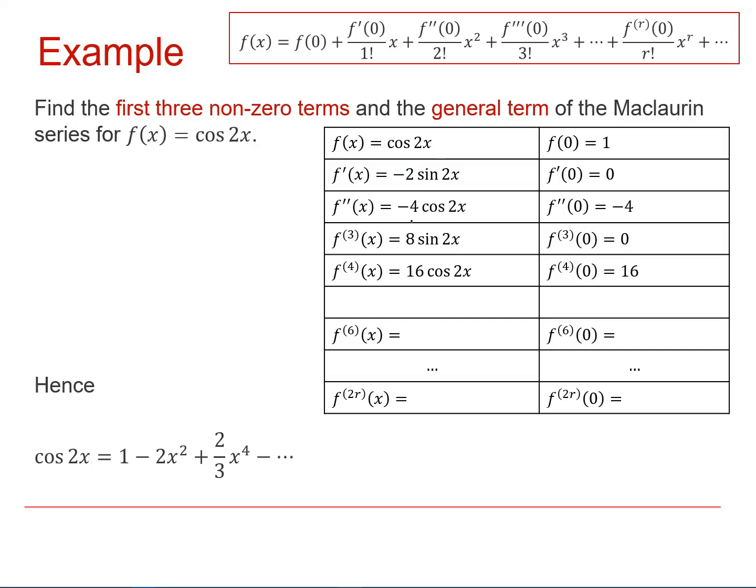So cos 2x, minus 4 cos 2x, 16 cos 2x. We would expect this to be minus 64 cos 2x, and so we would expect its value at 0 to be minus 64. And indeed what we've got here is times by minus 4 every time.